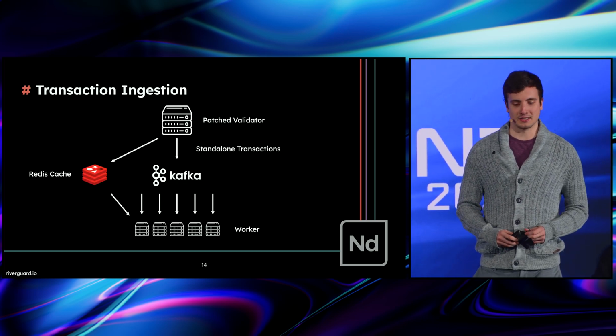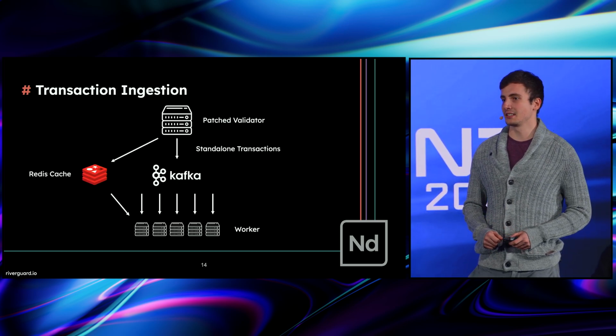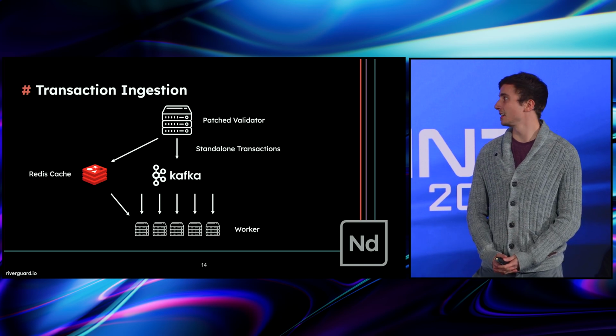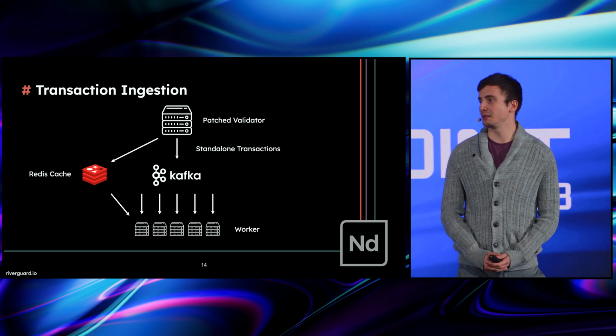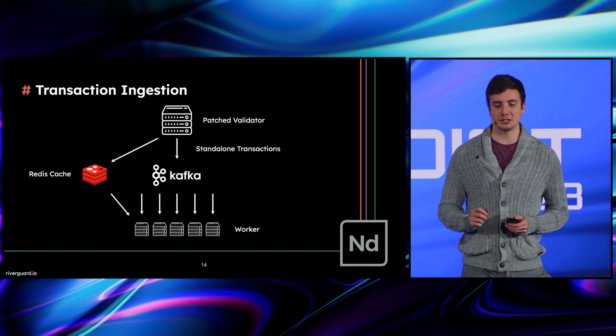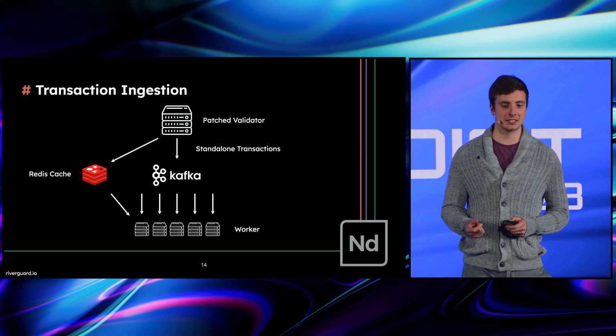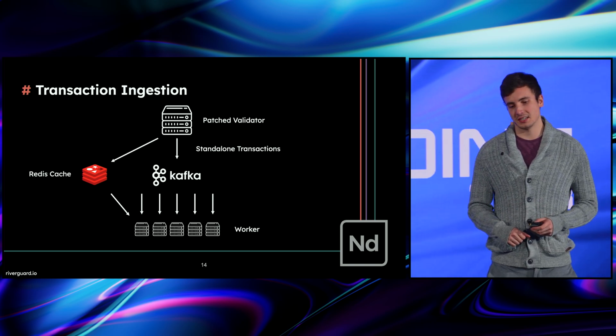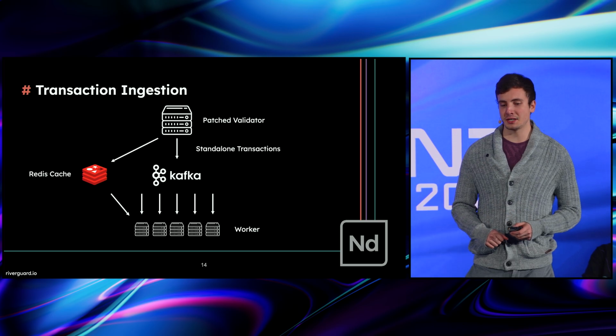Right, so the first major hurdle is the transaction ingestion. Solana has a bunch of TPS. If you look at how much data actually flows through the validator, how much input data goes into transactions, it's gigabytes a second. So we've patched the validator to send what's called a standalone transaction into a Kafka queue.